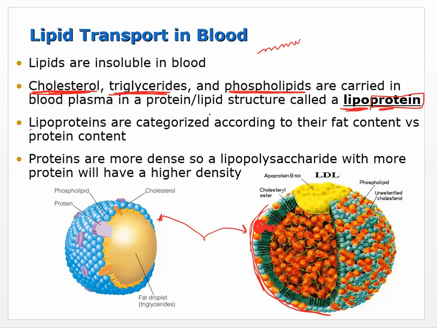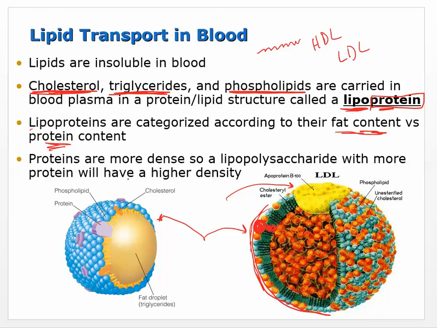So lipoproteins we're going to get into, and here's what we're talking about. Ultimately, we're talking about HDLs and LDLs. So we're talking about good cholesterol and bad cholesterol, but we have to know so much more about it. So lipoproteins are categorized according to their fat content versus their protein content. Okay, so if you look at this guy, it's got one protein and a lot of fat.